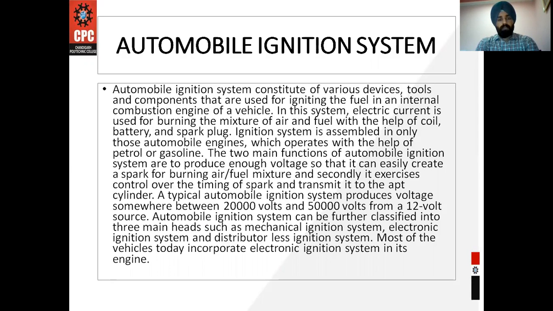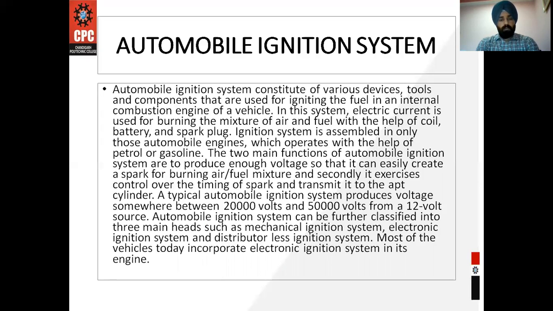The two main functions of automobile ignition system are to produce enough voltage so that it can easily create a spark for burning air and fuel mixture, and secondly, to exercise control over the timing of spark and transmit it to the apt cylinder.